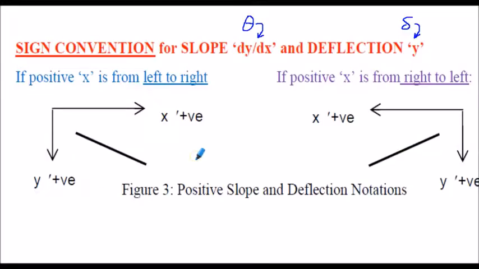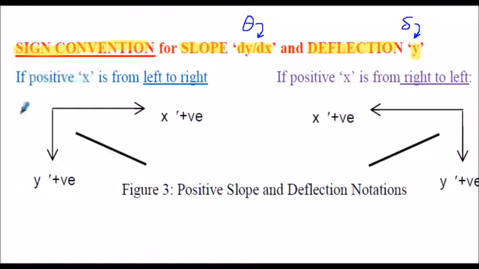In this presentation, we will also need a sign convention for the slope or the gradient at a point along the beam. That will be denoted as dy by dx in our particular presentation. Some textbooks denote it as angle theta. And also for deflection, we'll denote that as y in our presentation. That's sometimes noted as lowercase delta.